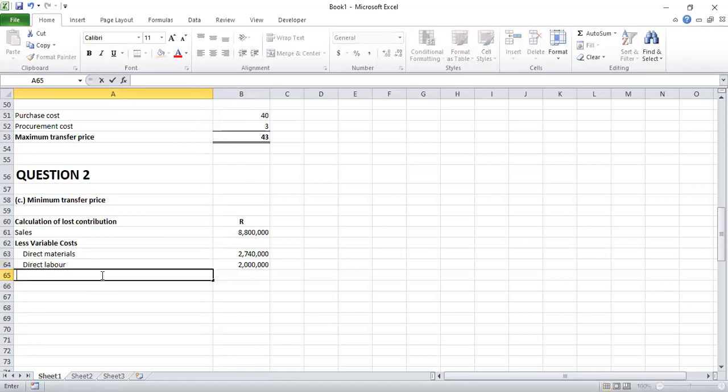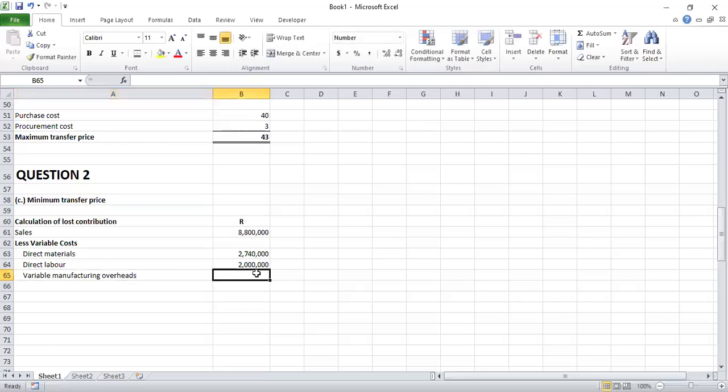Then variable manufacturing overheads, 30,000.